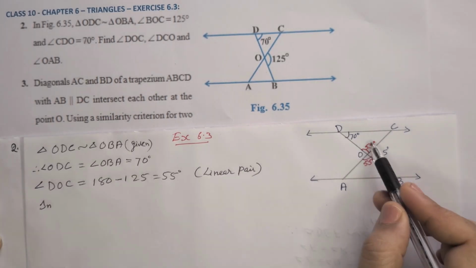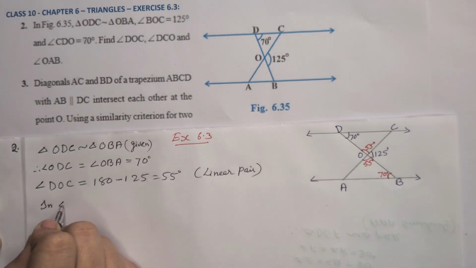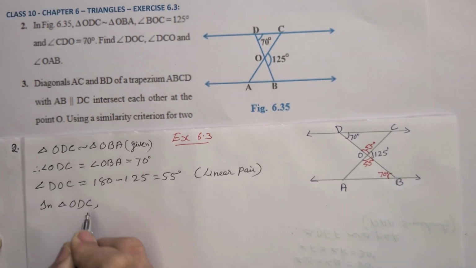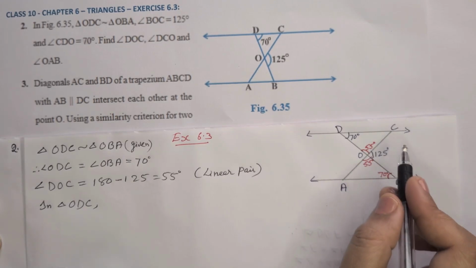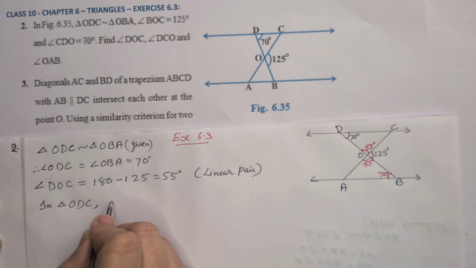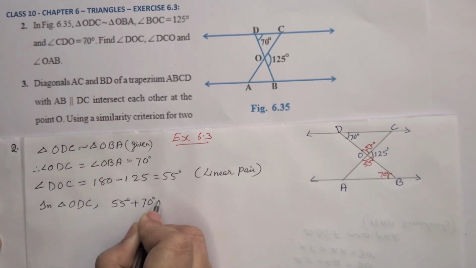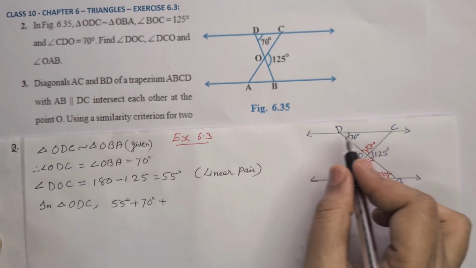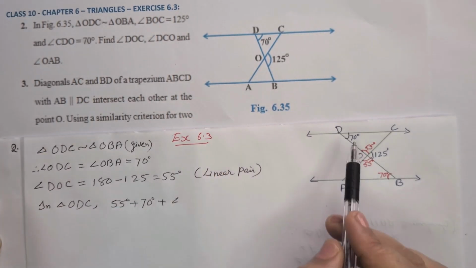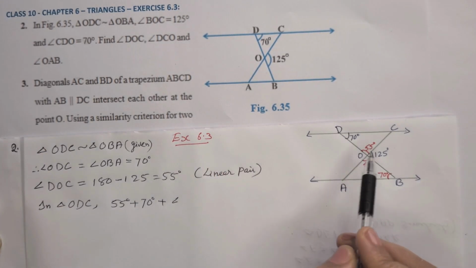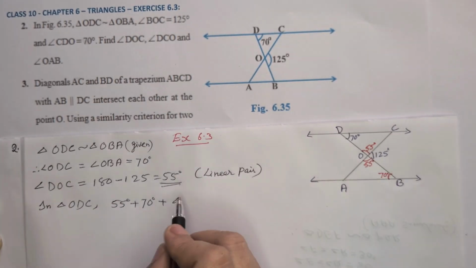Then in this triangle we can consider ODC. In triangle ODC, we can add the angles: 70 plus 55 plus this angle is equal to 180 degrees. What we have to find is angle DCO. DOC we already got as 55 degrees.